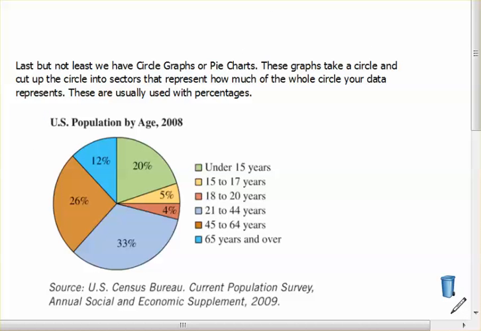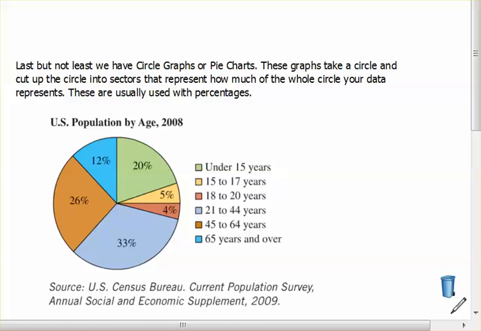Okay, and last but not least, we have circle graphs, or what we used to call pie charts. These graphs take a circle and cut that circle up into sectors that represent how much of the whole circle your data represents. It's kind of comparing it to the whole.